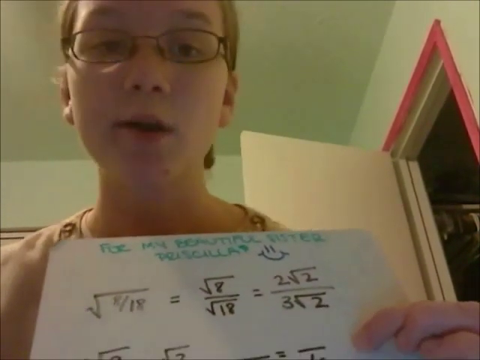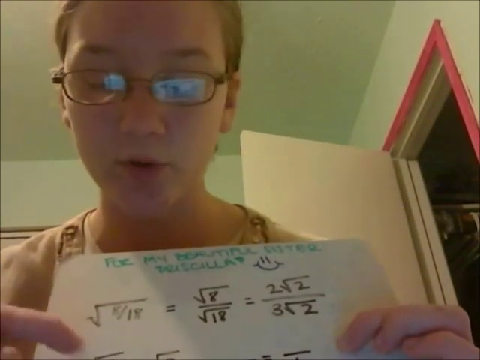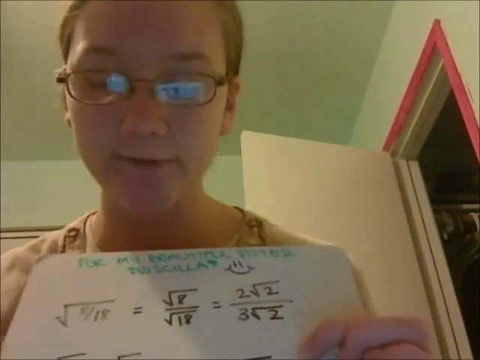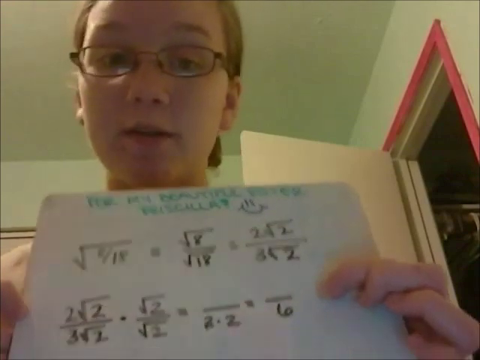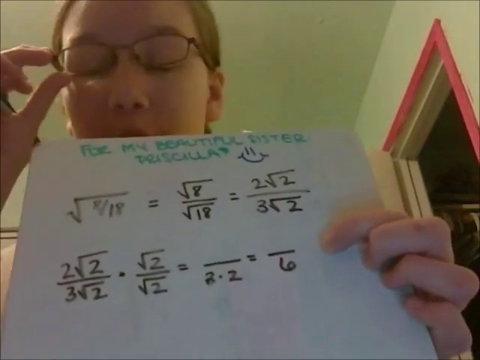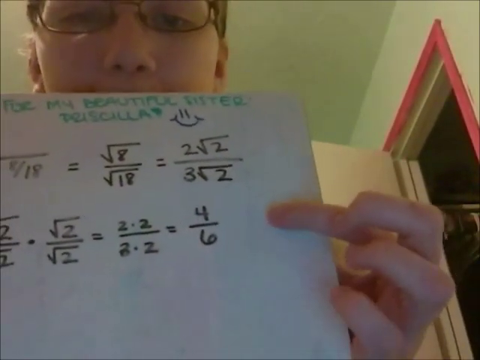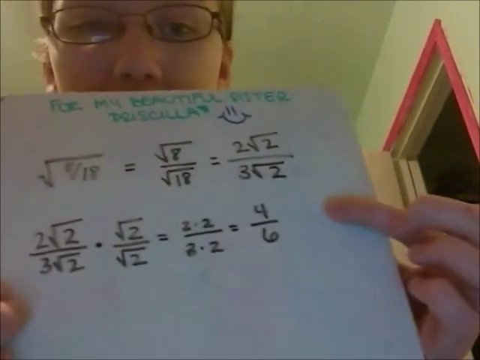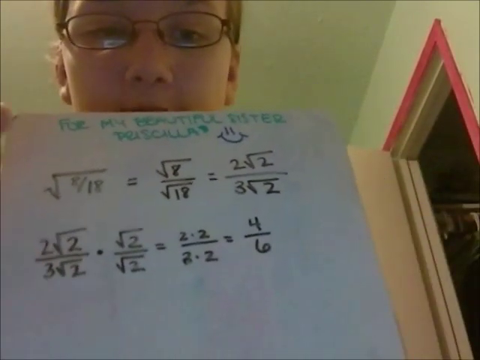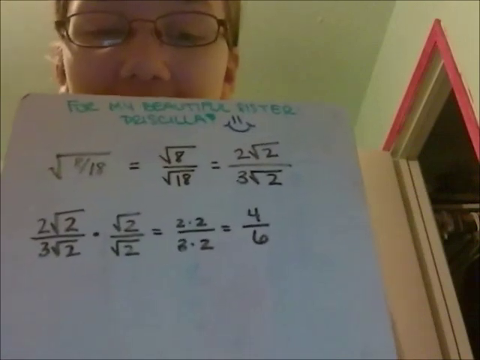Next, 2 times the square root of 2 times the square root of 2 is equal to 2 times 2, because the square root of 2 times the square root of 2 is equal to 2. So 2 times 2 is equal to 4. So I now have as my answer 4 divided by 6.